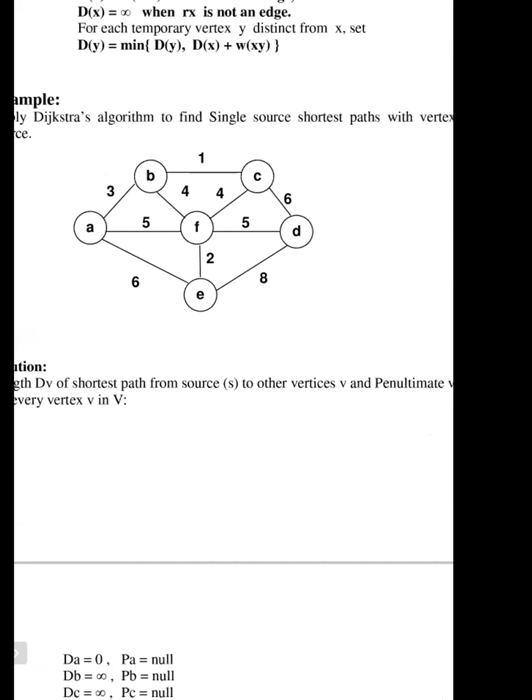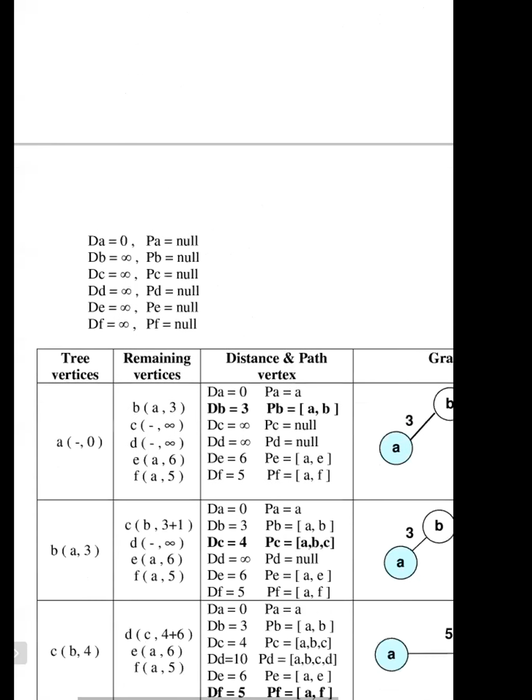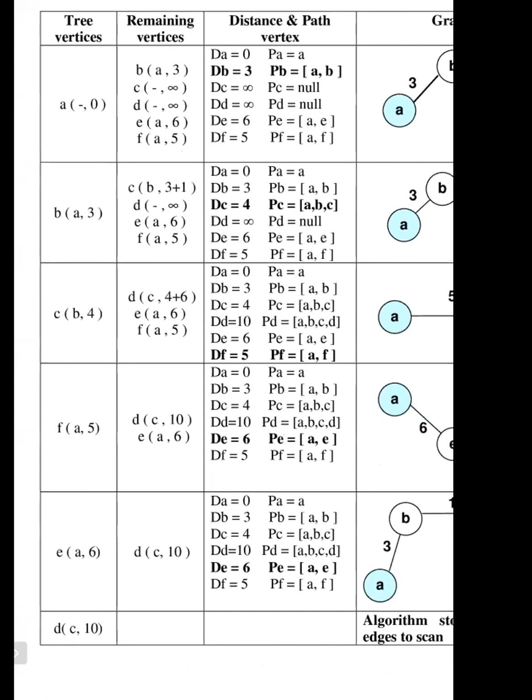So obviously the distance from source to D is 10. So see here, D comma C, it is 4 plus 6, it is 10. So D of D is what? 10. Earlier it is infinity because it was not directly connected to the earlier vertex. So DD is equal to 10.